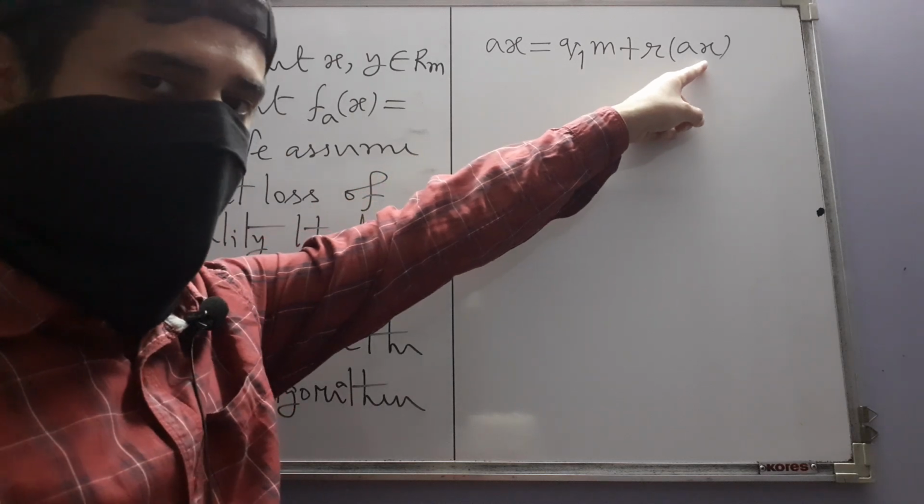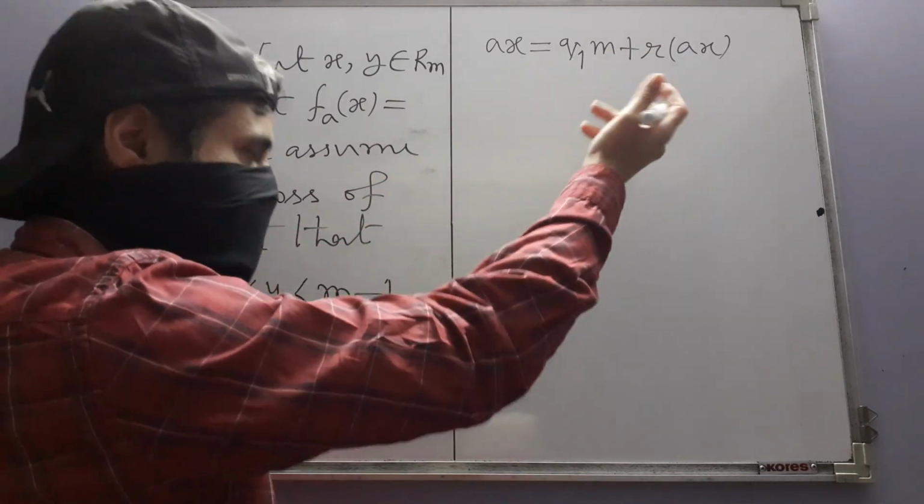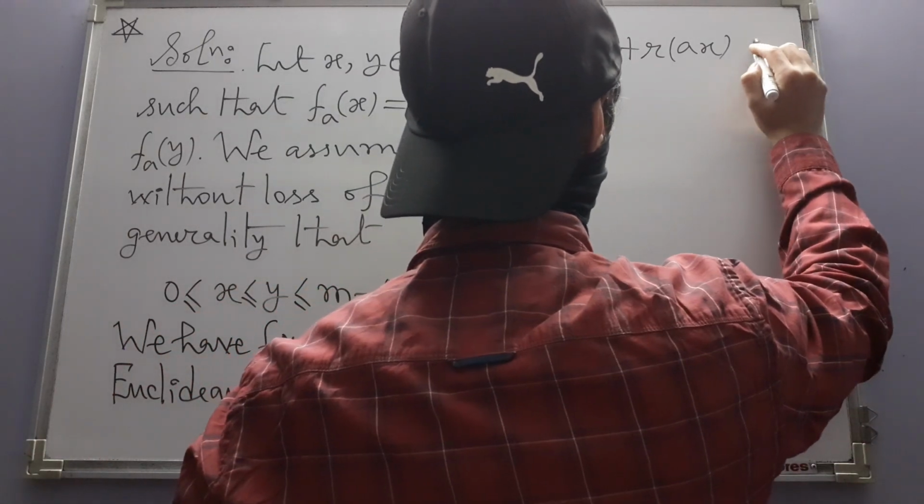This, by the definition of the remainder function, is the remainder, and quotient is, say, q1.